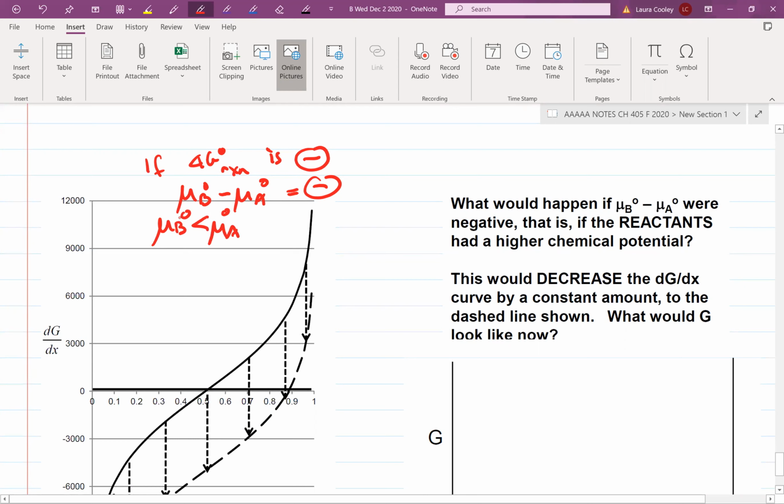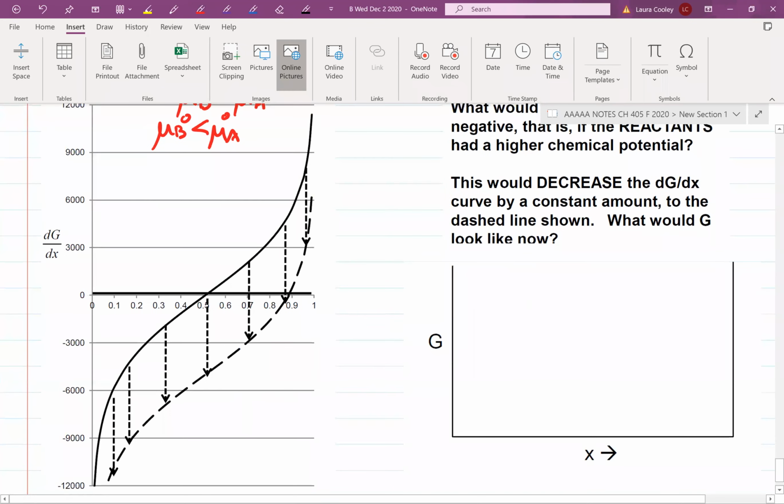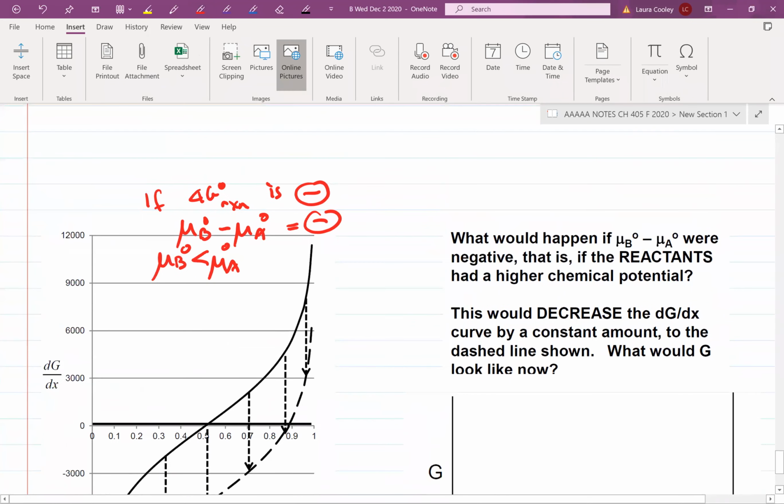Okay. So now we're actually adding, so dG/dx is delta G0 plus RT and that whole big thing there. But now this is something that is negative. So it's being subtracted, right?